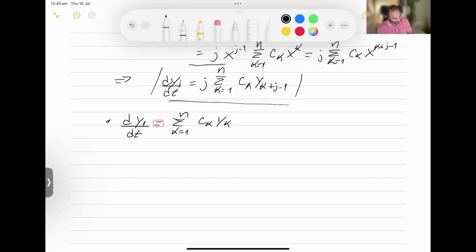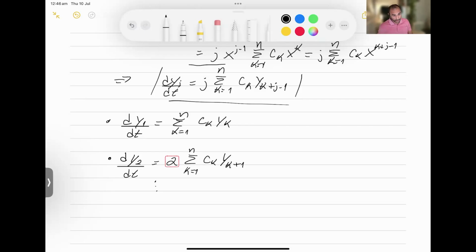You see that every new term is now coupled with the other terms. Then if I move to dy2, I continue with that. The factor of 2 comes from j, remember the j that I have in the general definition. And then we have c_k times y_(k+1), and you keep doing that.